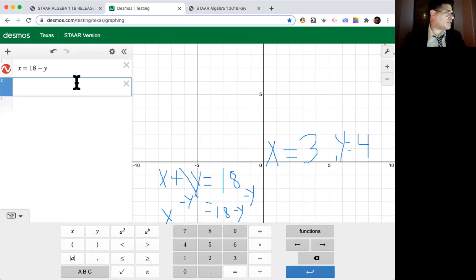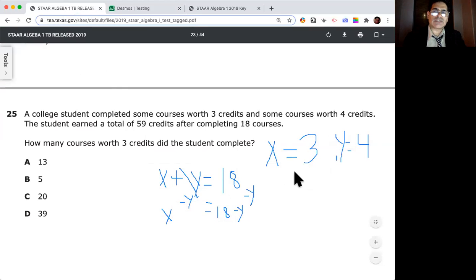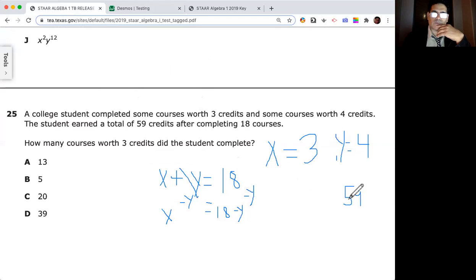Plug the 18 minus y in. What was the second equation? Now I got some help with the second equation, as I'll admit. The second equation was 59 credits is the value. So what equals 59 credits? Okay, the total number of credits is 59.